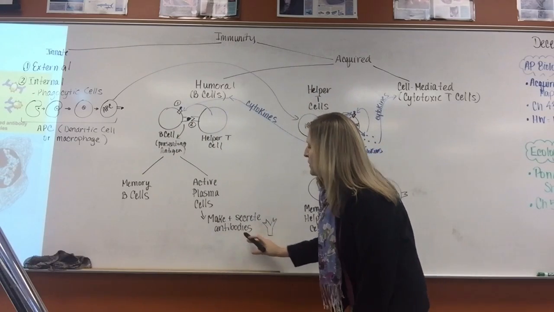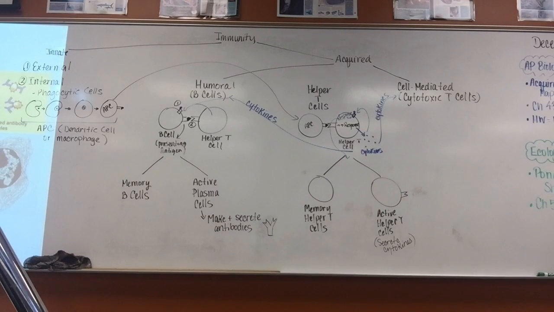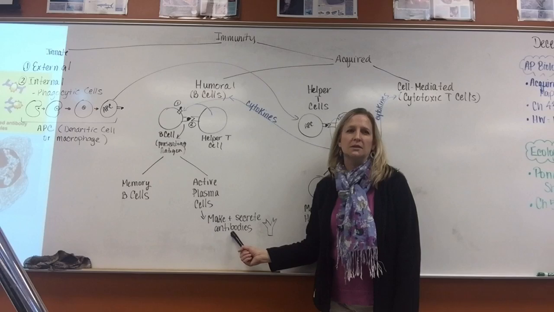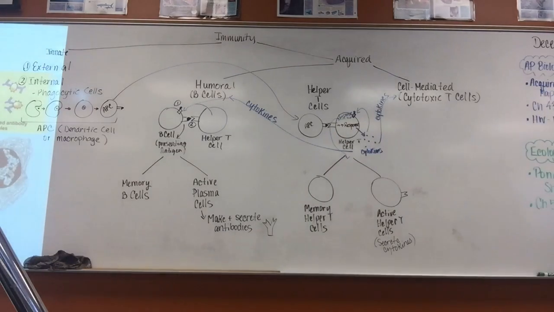And so when we say we make and secrete antibodies, does anybody remember what the antibodies' role in infections is? Why is it so important that we activate these plasma cells and secrete these antibodies? What do the antibodies do? Remember?